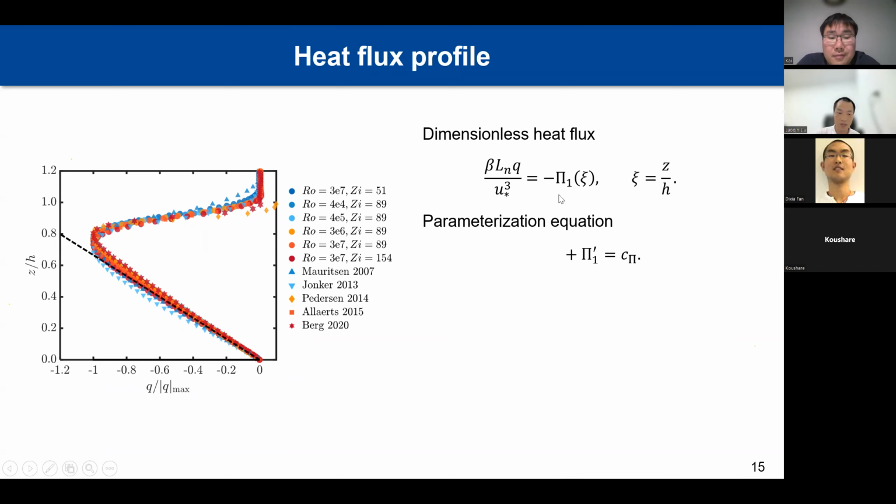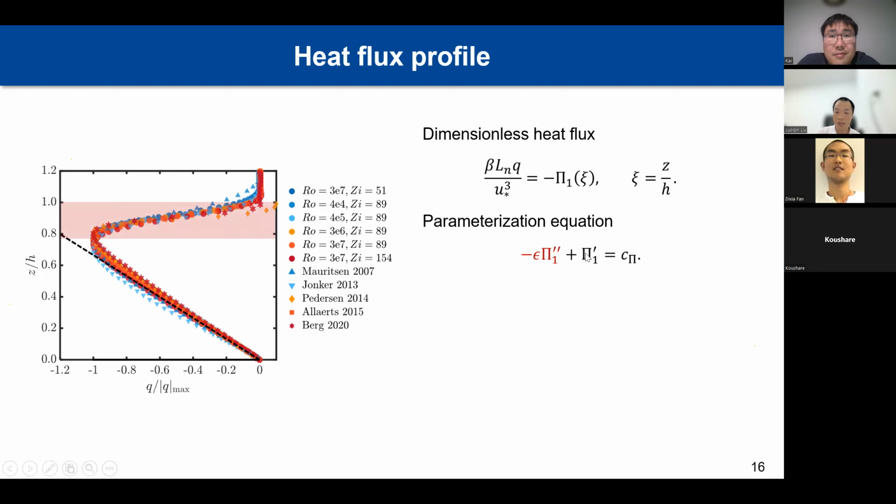We notice that in this part the heat flux is a linear function of the coordinate, so its slope should be a constant. And we also notice that in this layer region, it changes sharply. This reminds us of how Prandtl got his boundary layer theory.